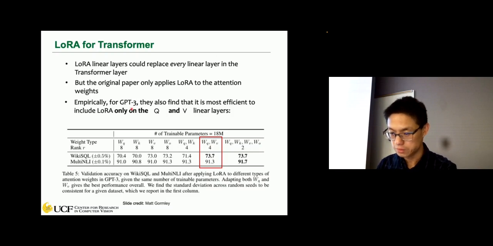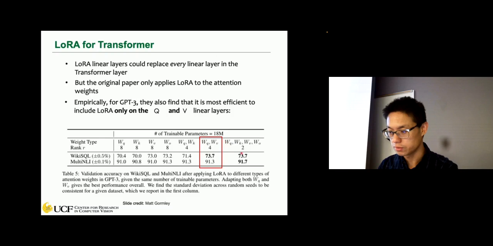For this particular architecture, GPT-3, on these data sets, they found that the most efficient way is to apply the LoRA adaptation to the query and value matrices. You don't have to apply to all of them.